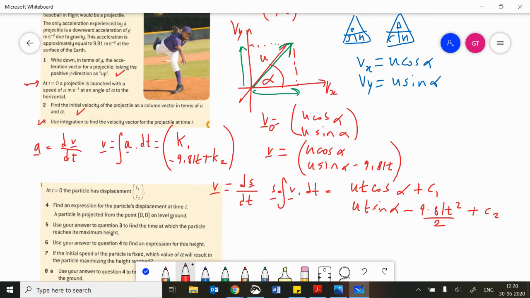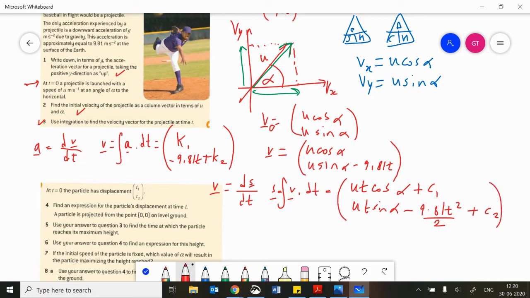I know it's c2 because when I put t equal to 0 into both of these expressions, they become 0, and I'm left with c2. If they didn't become 0, we're not guaranteed that it will be c2. We need to be left with the initial displacement in the y direction. Essentially, c2 is like y0.